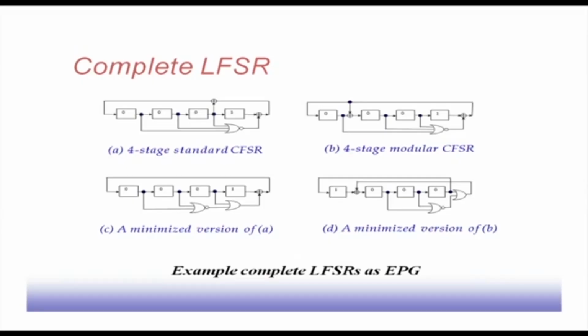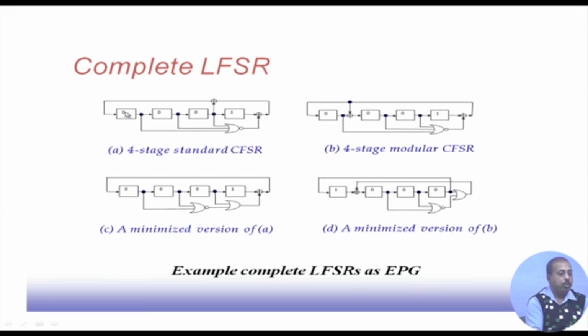The other possibility is to have a complete LFSR. The complete LFSR is built from the normal, standard LFSR, which generates 2 to the power n minus 1 patterns, so it does not generate the all 0 pattern. Now, here there is a modification.